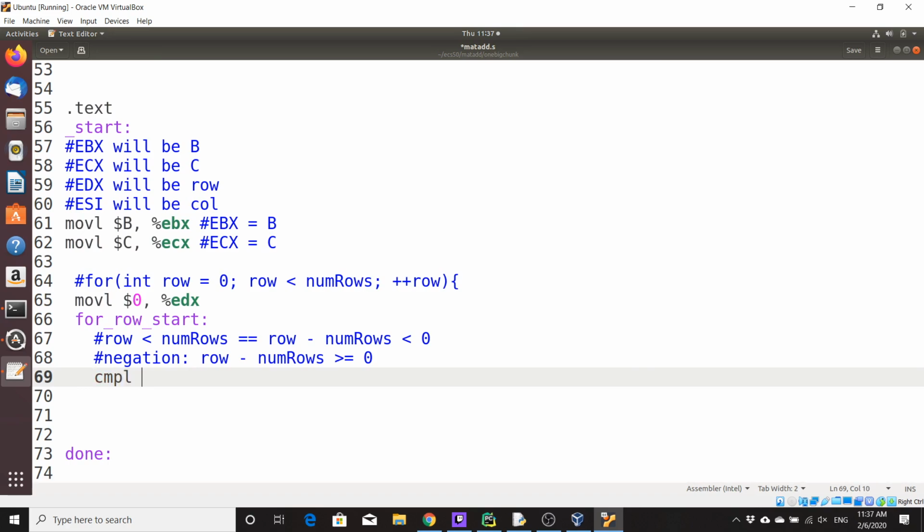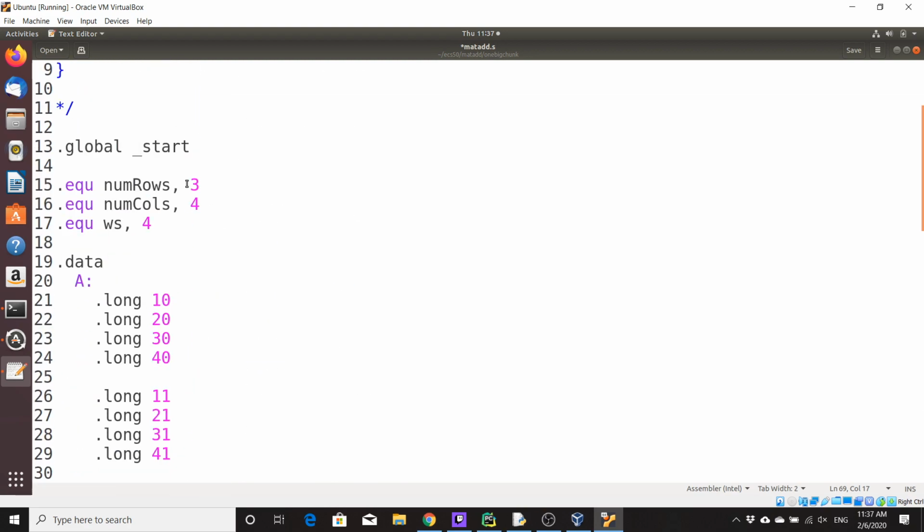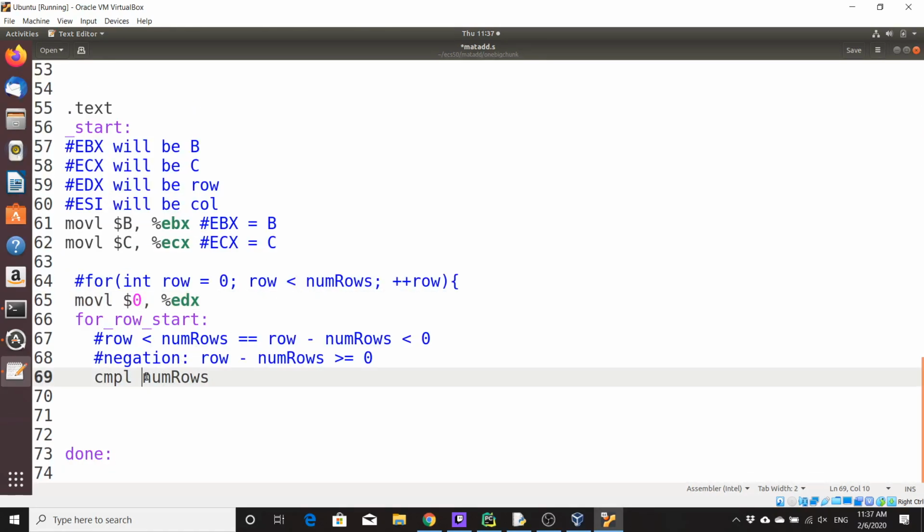Cmpl, right? Who goes first? Num rows or row? Num rows is going to go first, right? Remember, num rows, back here, it's an EQU. Num rows is just 3, so what do we have to put in front of it? $. It's a constant, right?